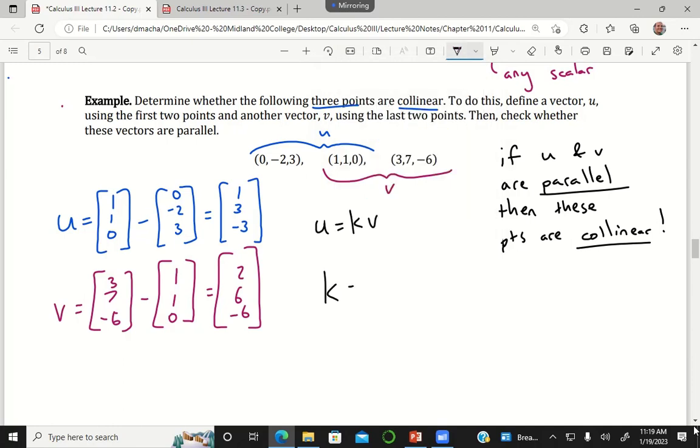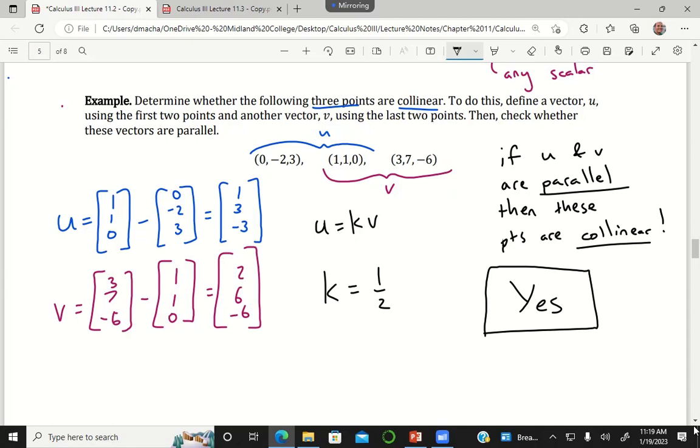Then what would k be? 1/2, yeah, you're right. If you went the other way and swapped the vectors, it'd be 2. Anyways, the answer is yes. Those vectors are parallel, so that means those 3 points are collinear. And this is a lot shorter, right? I mean, answering the same question, but this method was a lot faster.